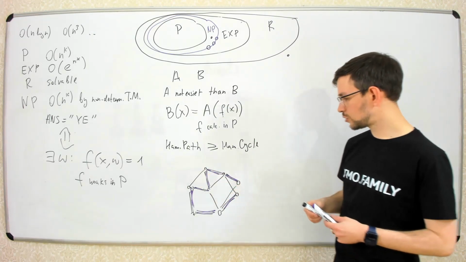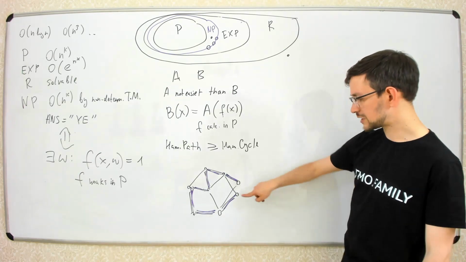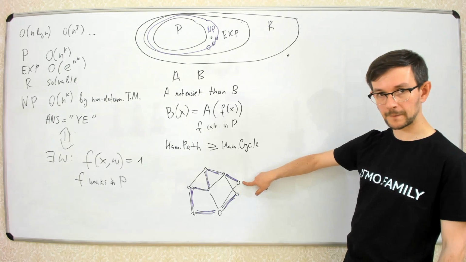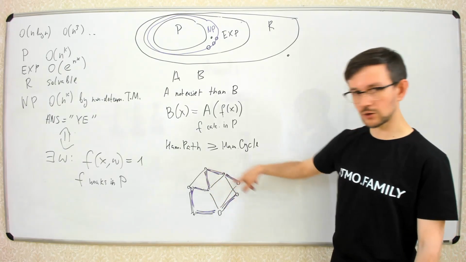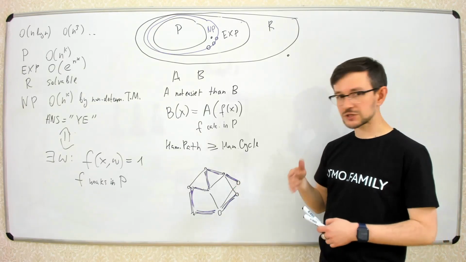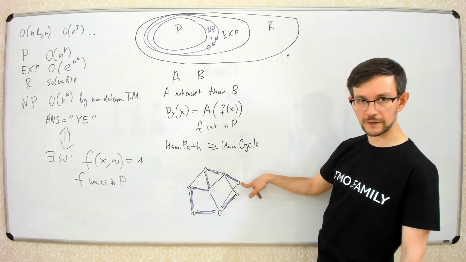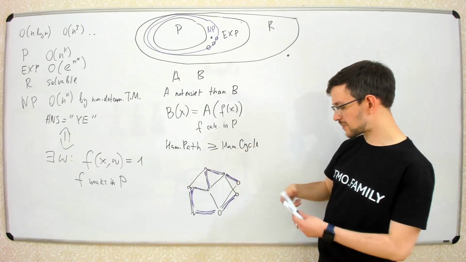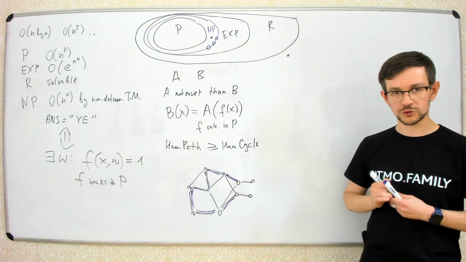And now all you need is to find a Hamiltonian path which starts here and ends here. If you build a path from here to here which goes across all the nodes of your graph, then you build this Hamiltonian cycle. And now you need something to force your Hamiltonian path to start here and to end here. You can force this by adding just two more nodes here.